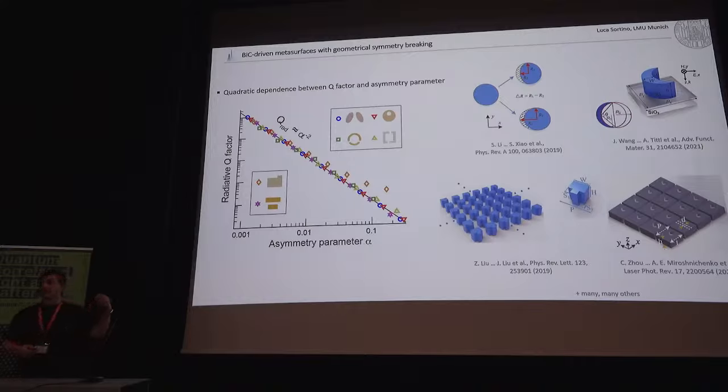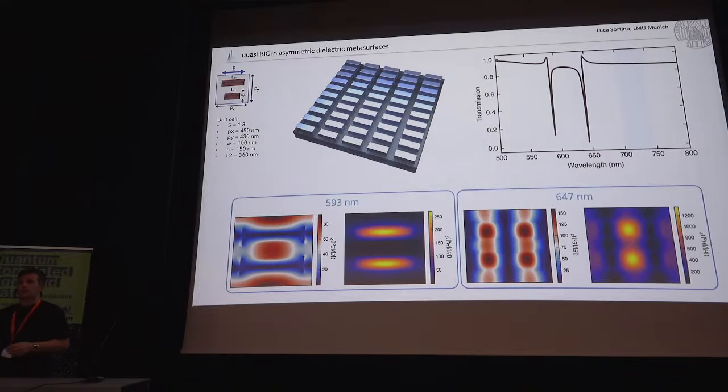And again, this can be observed in many different geometries of two-dimensional metasurface that you see there. In our case, what I will show you is mainly based on this rods structure. So we have these rods that will give some natural resonances in the array when we look at the transmission of light.